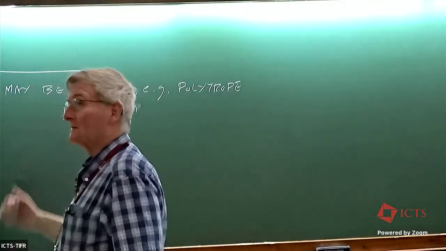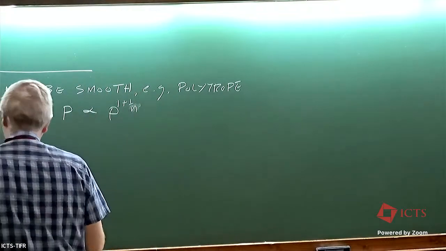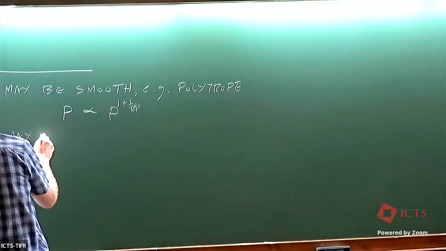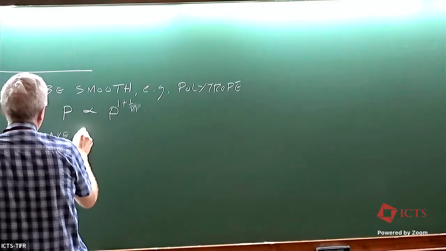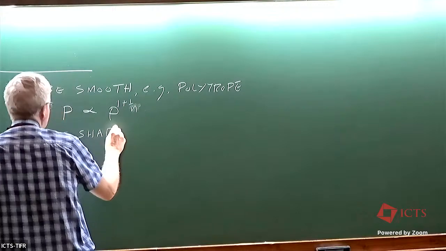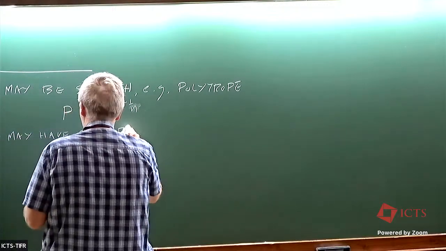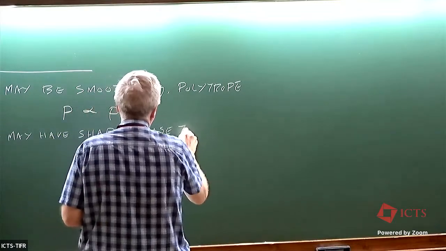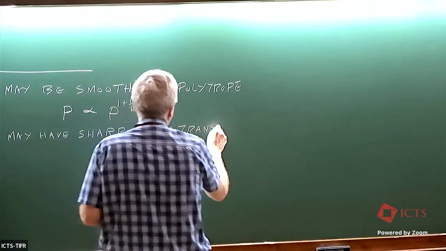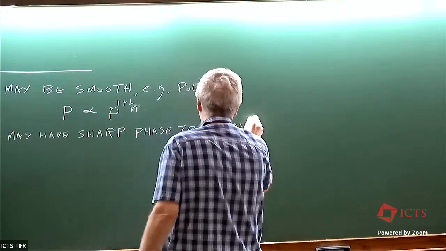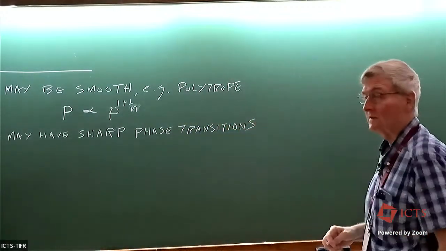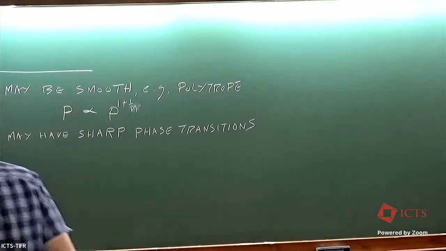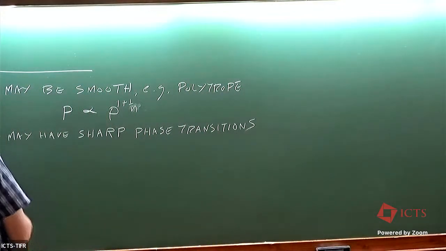It may be that smooth, probably not. It may have, instead, some sharp transitions. It may have sharp phase transitions. And in fact, there are quite a number of papers out now arguing that we have evidence that there is something sharp happening internally.